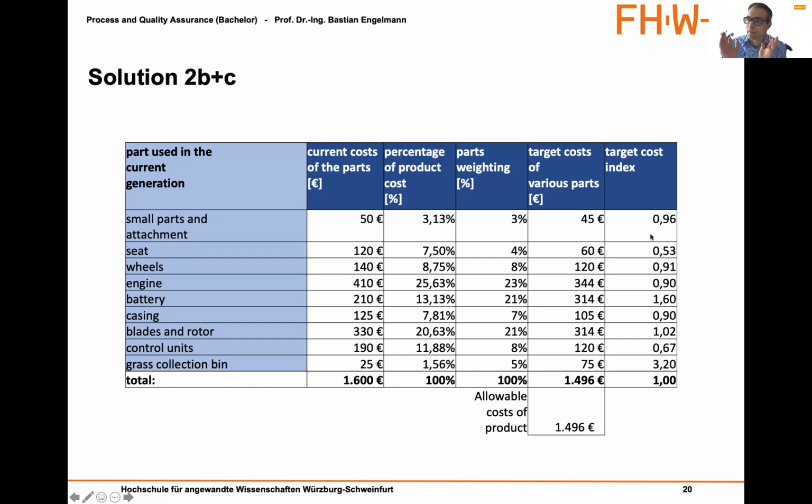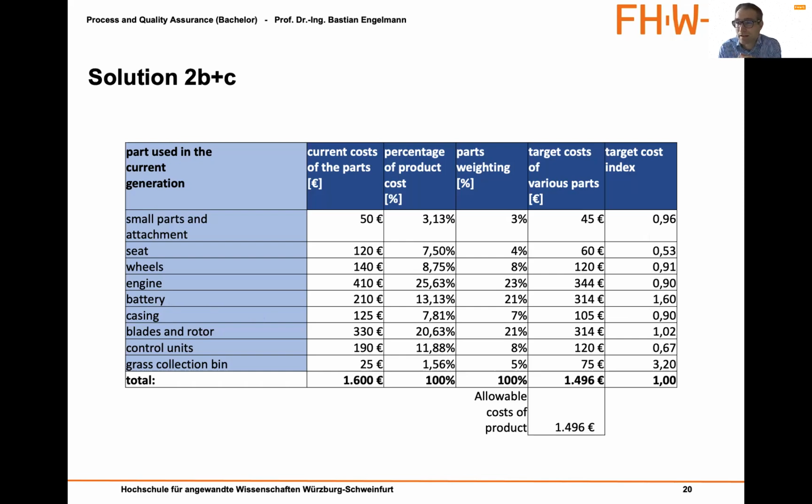So we can interpret the target cost index as a parameter: if we need to cut costs, it is below 1; otherwise, everything is fine. Or when we look at the battery, it becomes larger than 1. Being larger than 1 with the target cost index indicates that we can put more functionality into the component to excite the customer.